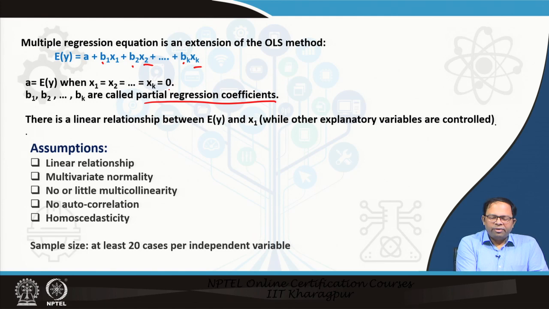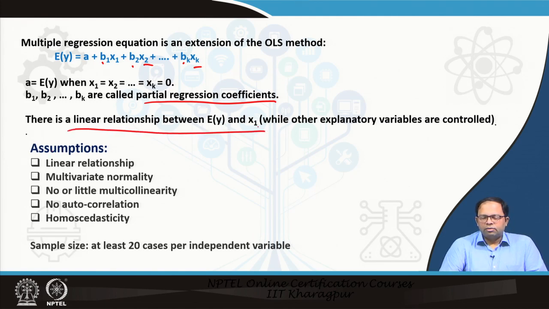So, we assume there is a linear relationship between Ey and x1 while the other explanatory variables are controlled. So, all these variables are linearly related when every other variable is fixed. These are the basics of multiple linear regression, but in addition to this there are certain more assumptions that we need to be careful about.